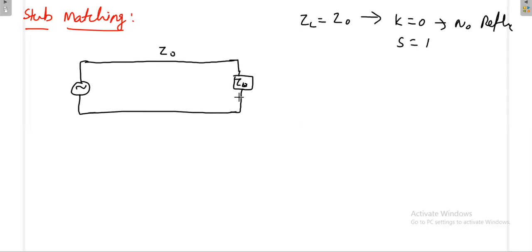See, when ZL is equal to Z naught, if I measure the impedance from this position, the input impedance, what is that value when the load is terminated with Z naught? For a transmission line, the load is terminated with Z naught. What is the input impedance? Z naught, sir. Z naught, yes. When ZL is equal to Z naught, Zin is equal to Z naught.